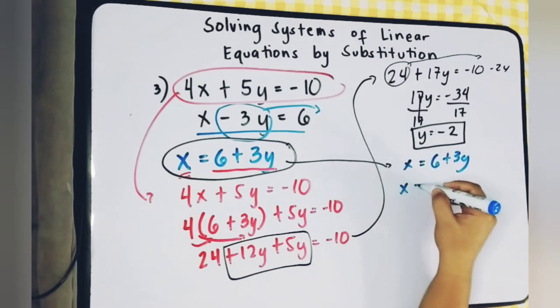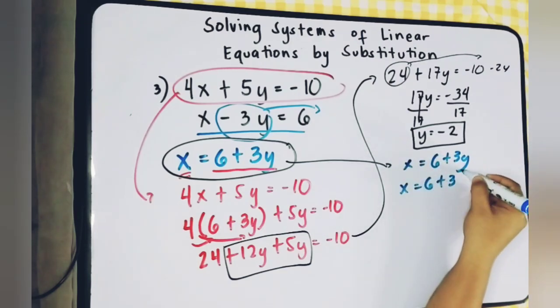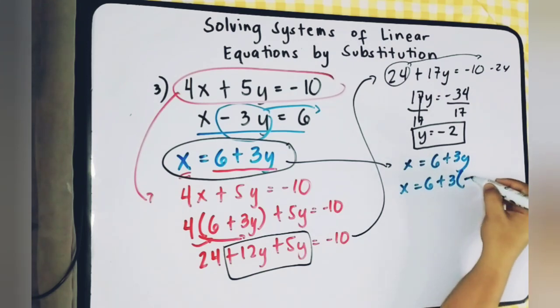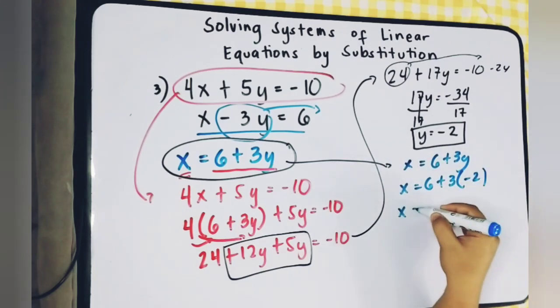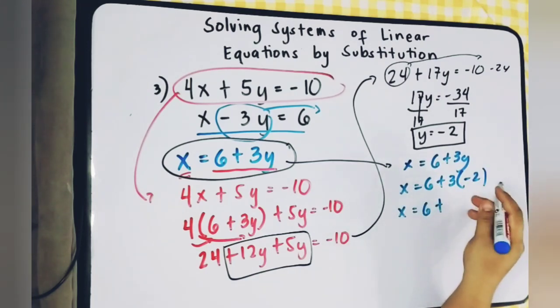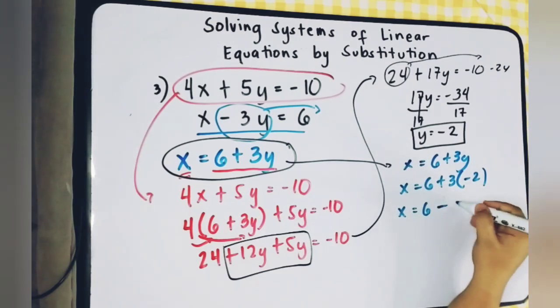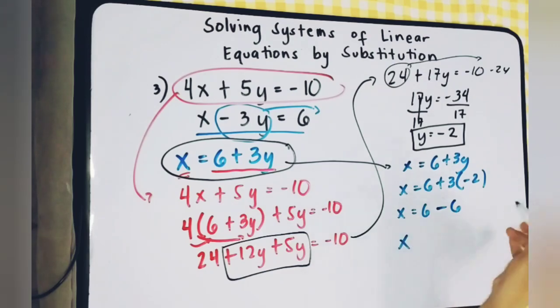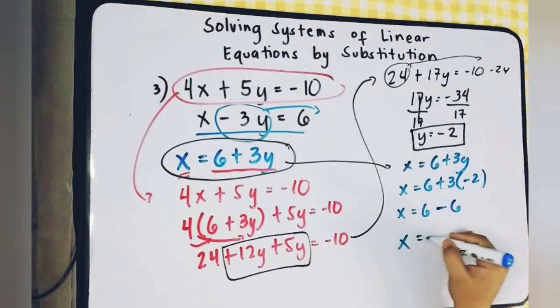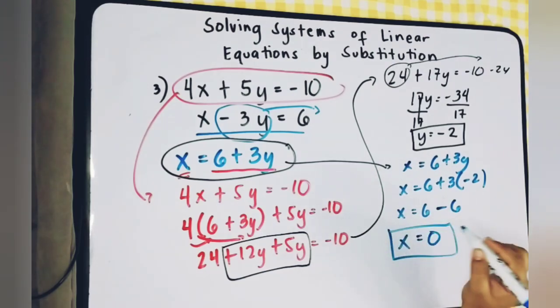So, we have x equals 6 plus 3, then, substitute y with negative 2. So, 6 plus, so 3 times negative 2, that is equal to negative 6. So, 6 minus 6, that is 0. Meaning to say that x is equal to 0 and y is equal to negative 2.